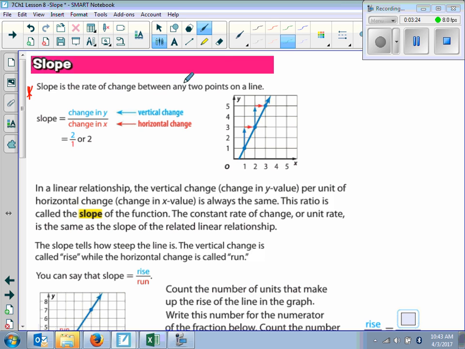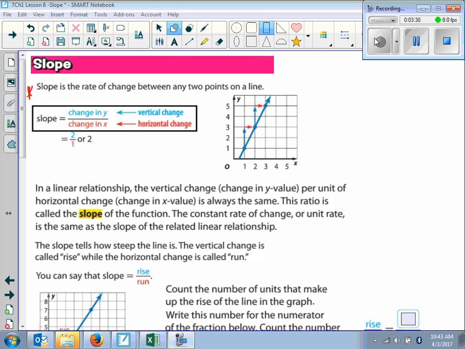Please make sure you also write down this formula for slope. So the slope is the change in y, which is the vertical change, the up and down, over the change in the x value, which is the horizontal change, the back and forth. If I'm looking at this example here, the vertical change goes from one point to another.